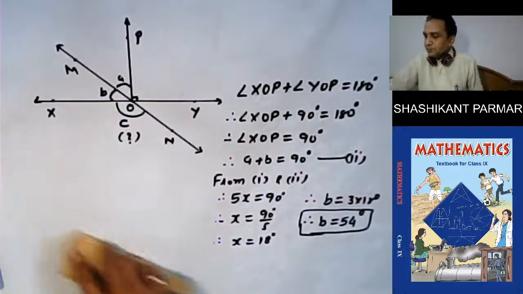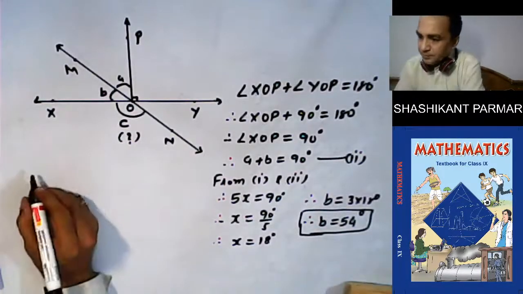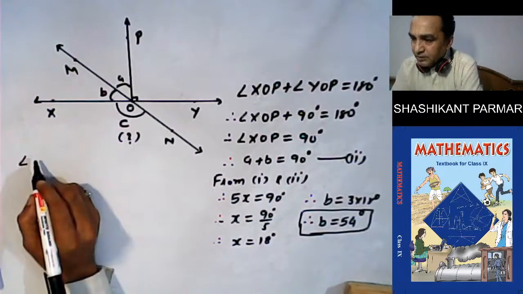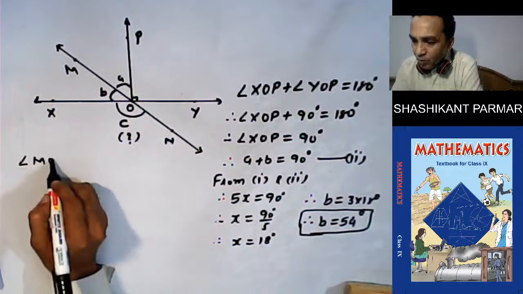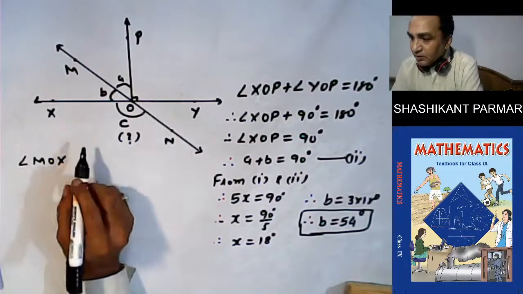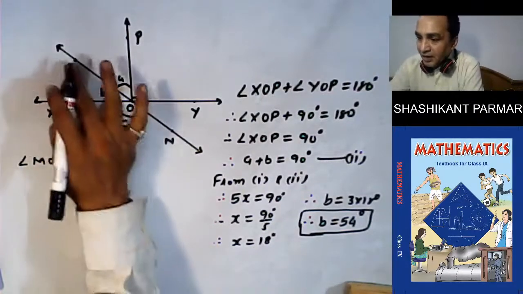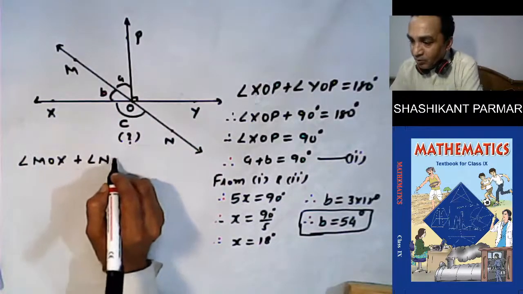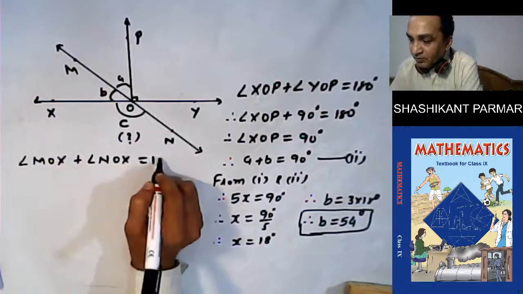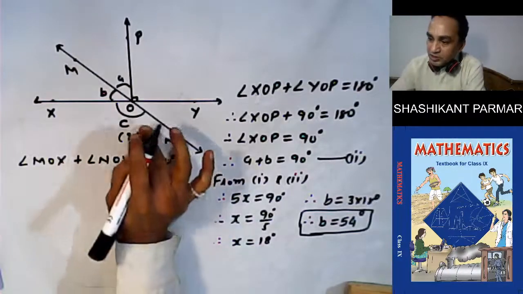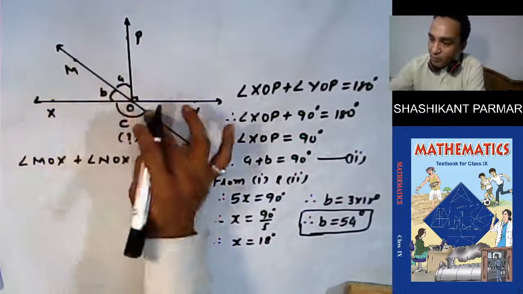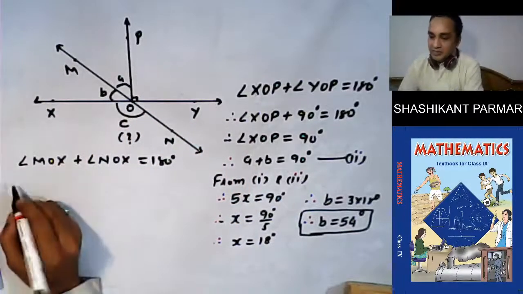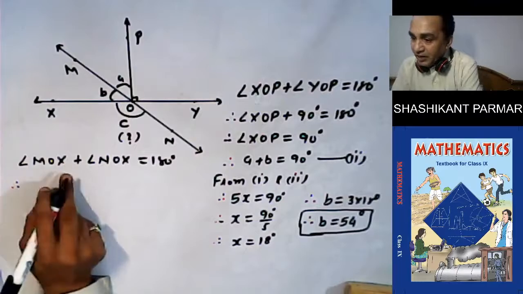Now angle MOX plus angle NOX is equal to 180 degrees because they are a linear pair. MOX plus NOX, linear pair. Therefore, what is MOX?